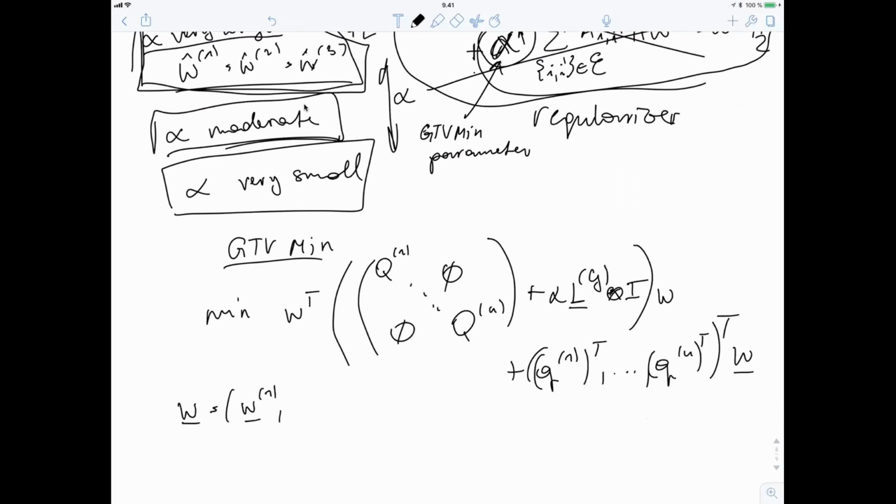So we have the local model parameter at node 1 up to the local model parameter at node n, transposed.